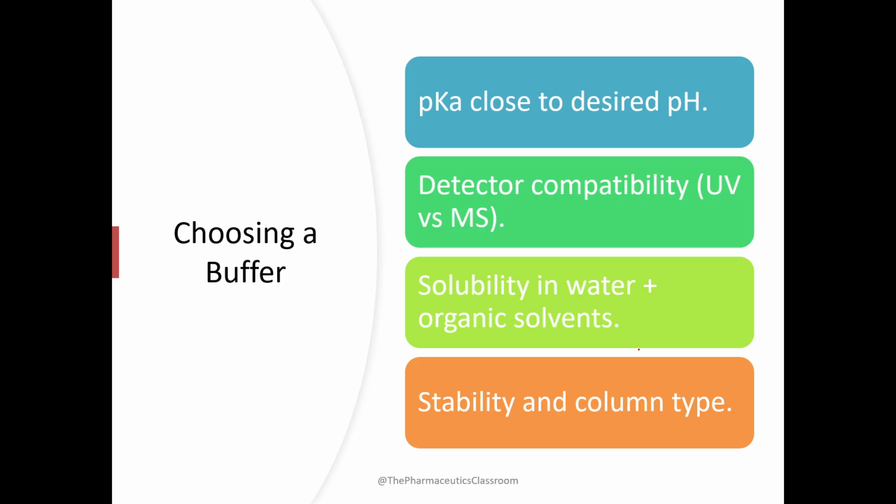Ammonium formate has a range of 3.5 to 4.5, I think, so we should keep the pH in between that. Another thing: if you are using a UV detector, we can use phosphate buffer and others, both volatile as well as non-volatile buffers. But in the case of a mass detector, we can't go with phosphate buffer as it is non-volatile.